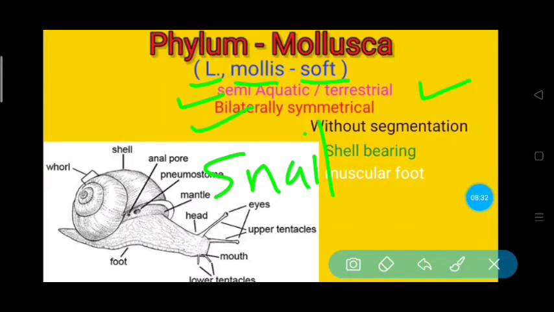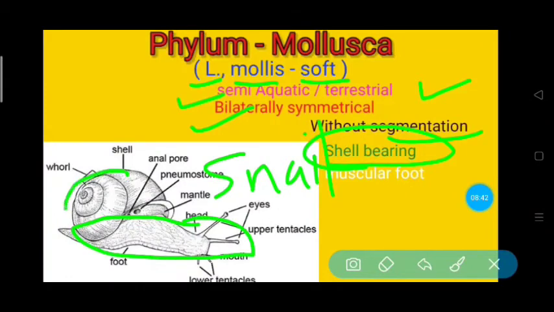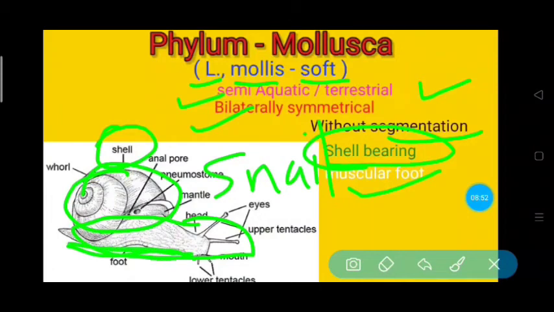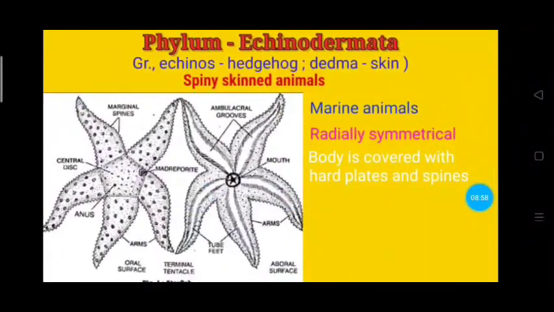They are bilaterally symmetrical, without segmentation and having a shell. We know that this is a snail and the snail has this shell. Okay, and they have a muscular foot. Their locomotory organ, on the ventral side of this organism, is called the muscular foot.